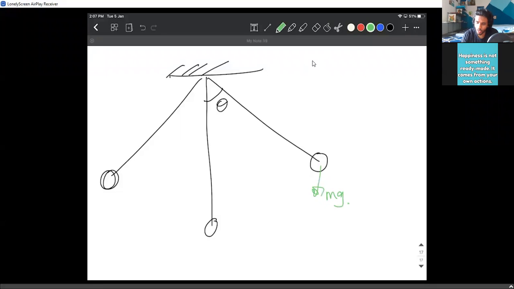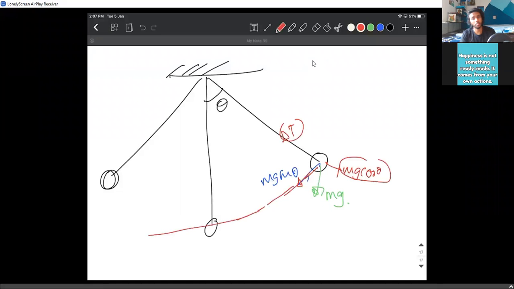If I take the components, this will be mg sin theta, and this is mg cos theta. The tension and mg cos theta will balance each other, and the mg sin theta component is going to create the restoring force. That is what brings the body back to its original position, trying to bring it to the mean position. Now, if you clearly look at it, the restoring force is not proportional to the displacement here.